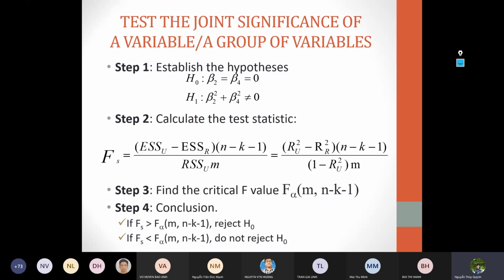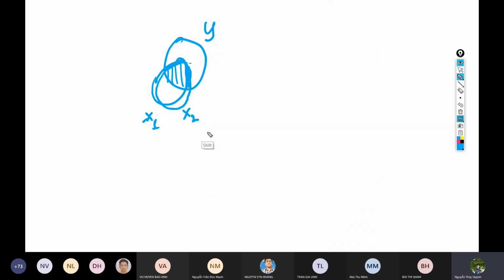I will rewrite it here so that you can easily see the degrees of freedom.